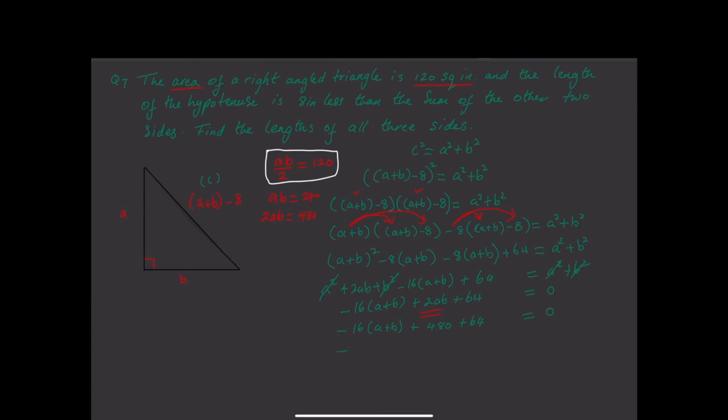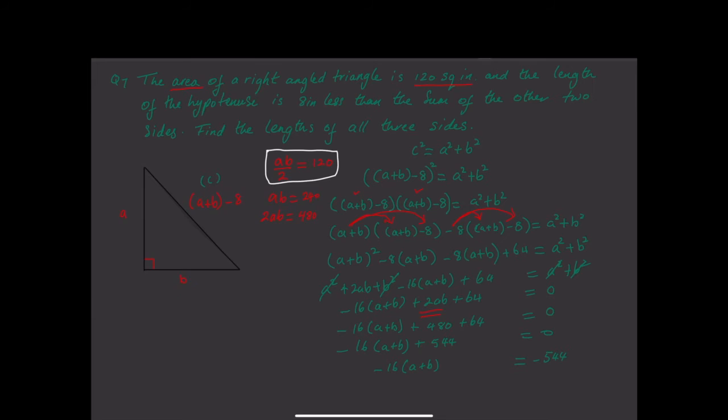So we have minus 16 into A plus B, which gives us 544. So we have to add that on, is equal to 0. So we subtract 544 from both sides, and we get minus 16 into A plus B is equal to minus 544.